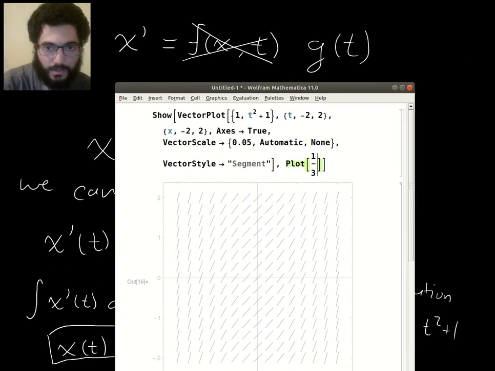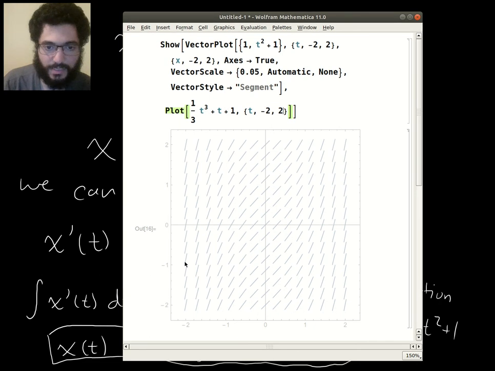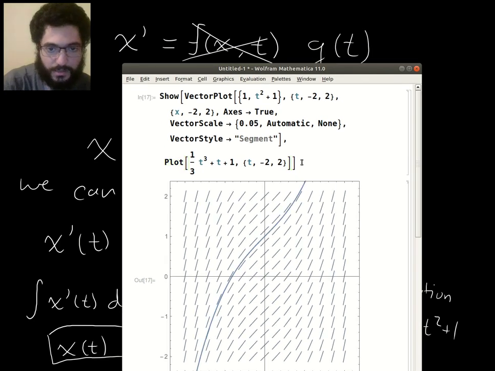Let me choose 1 for c for now, and then I'll put some other number there in a moment. I'm going to plot that for t from -2 to 2. I'm choosing those numbers because I happened to choose my t bounds to be -2 and 2. Okay, let's see if it works.